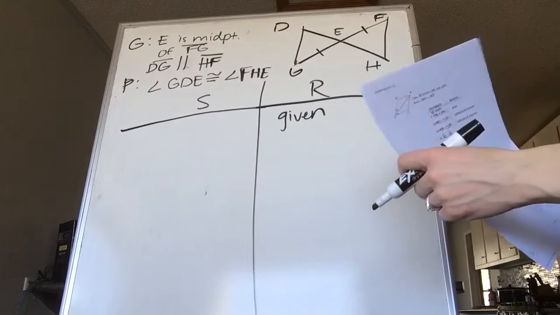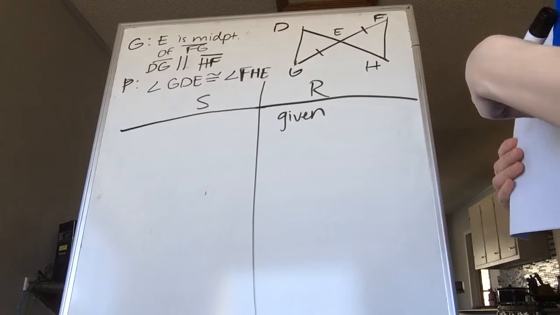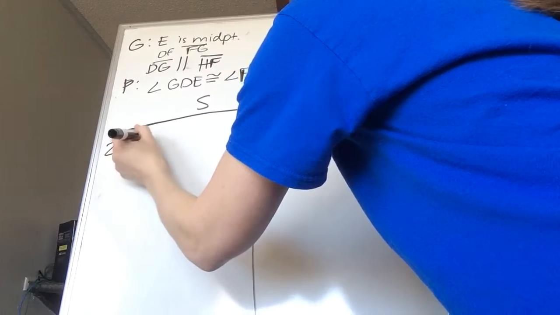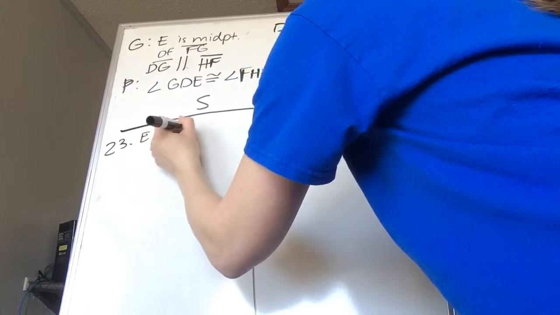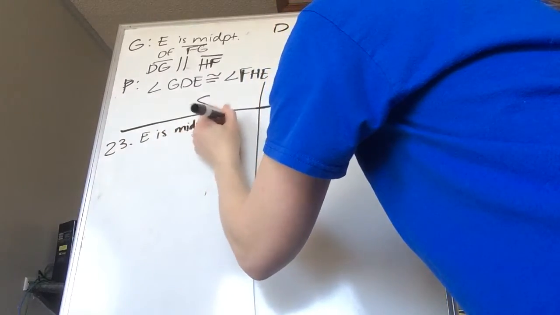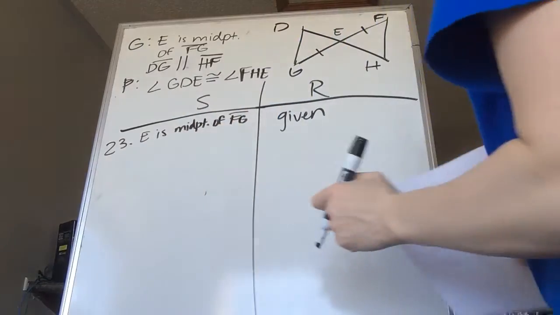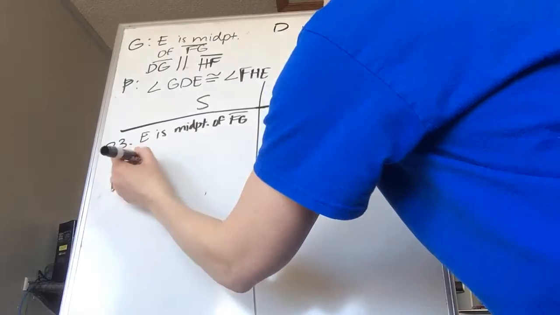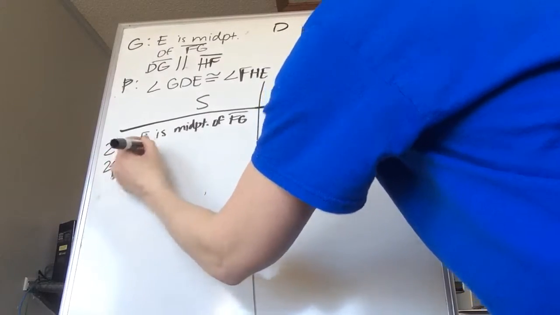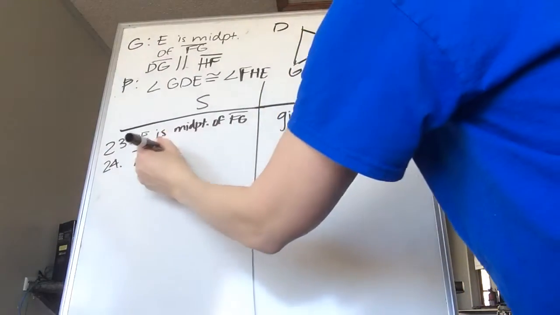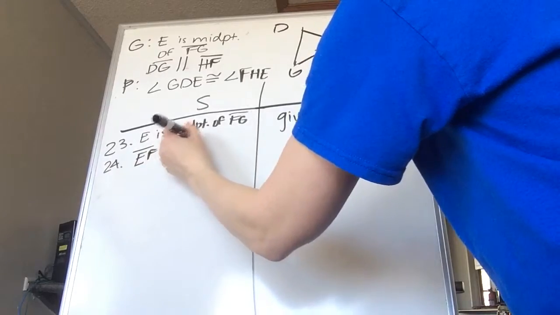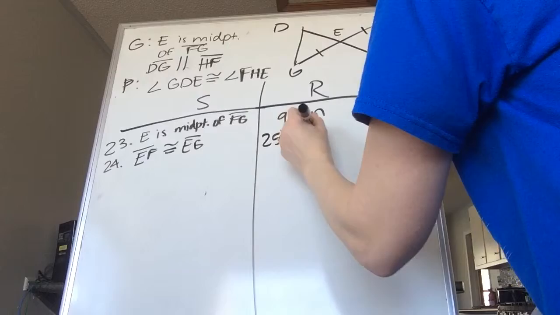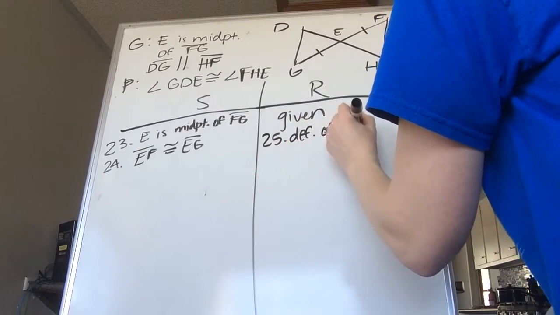So what is our first given? Sorry, make sure I'm not blocking you. For 23, we are told that E is the midpoint of line segment FG. So we can say that for 24, line segment EF is congruent to line segment EG because of the definition of midpoint.